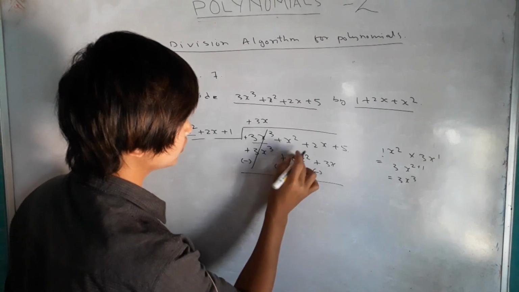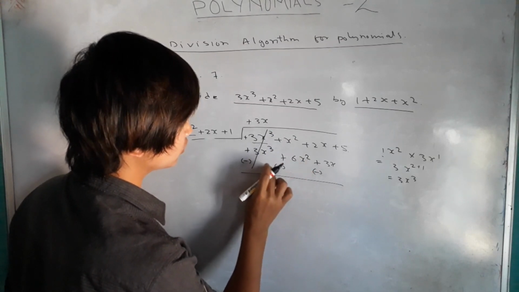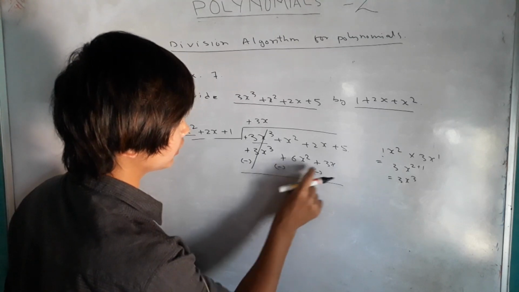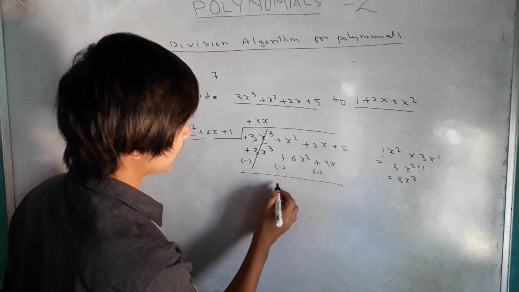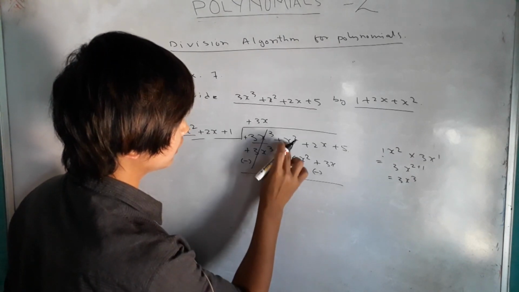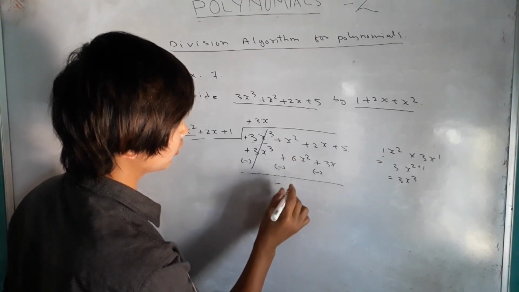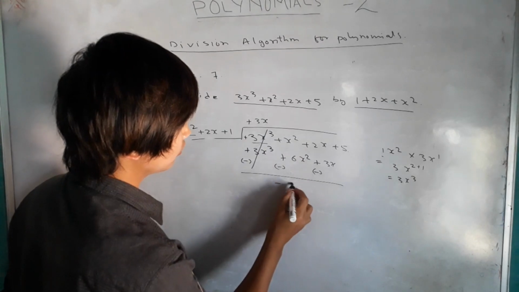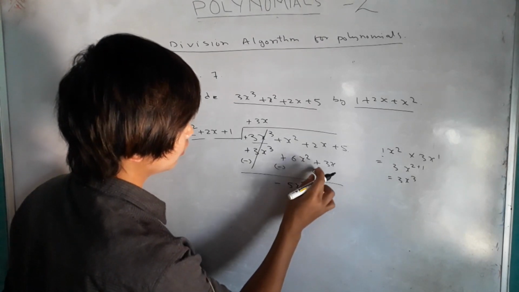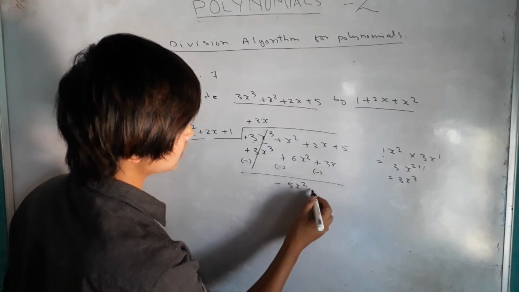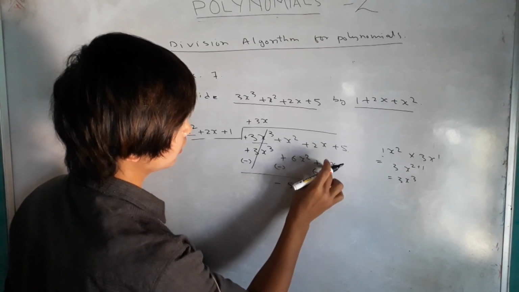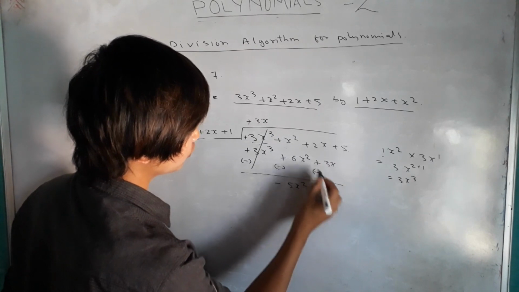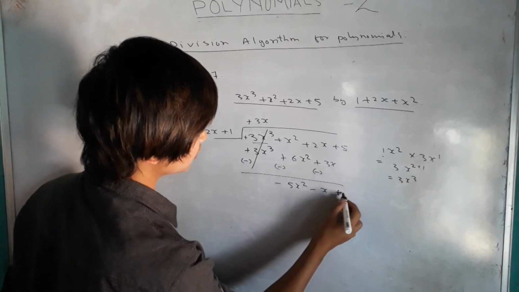This term 6x square has the new sign, this will be considered. So plus into minus, minus, 6 is bigger than 1, so the negative sign will come down. 6 minus 1, 5x square. Plus into minus, minus, the bigger sign is negative because 3 is bigger than 2, so it will be x plus 5.